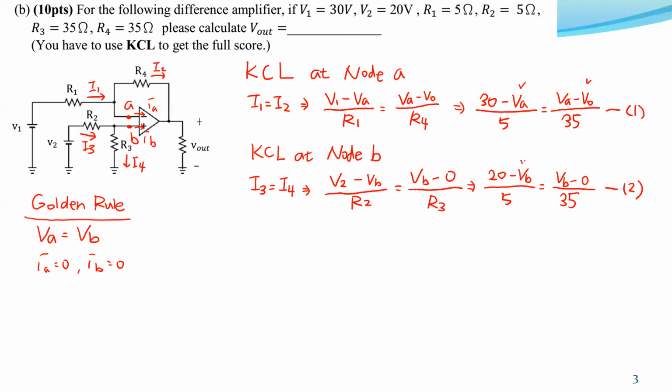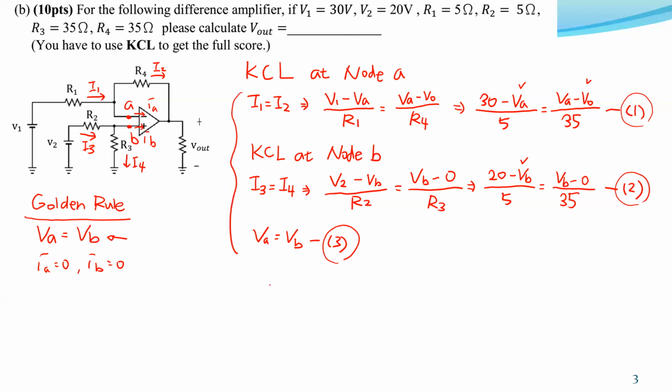And we also have the third unknown, VB. But according to the golden rule, we have VA equals VB. So this is our third equation. So from this, you have 3 variables and 3 equations. You are able to solve a system of equations.